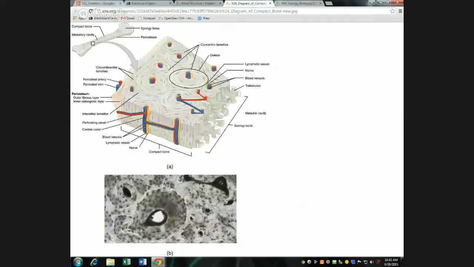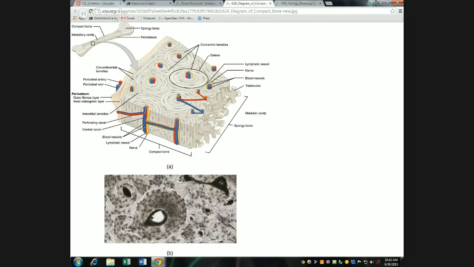Bone is always arranged in layers of bone matrix called lamellae. A lamella means layer, so the plural of lamella is lamellae. For compact bone tissue, the primary shape that it's organized around, called an osteon, are rings of tissue, which I showed you last time.